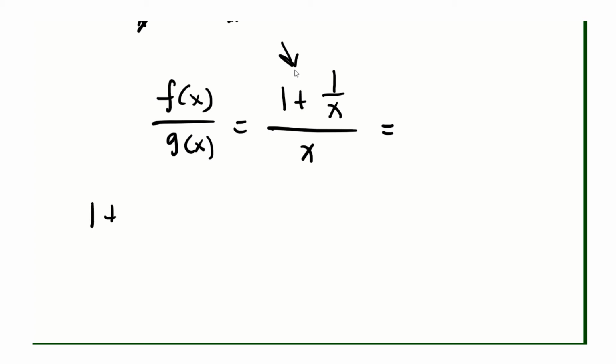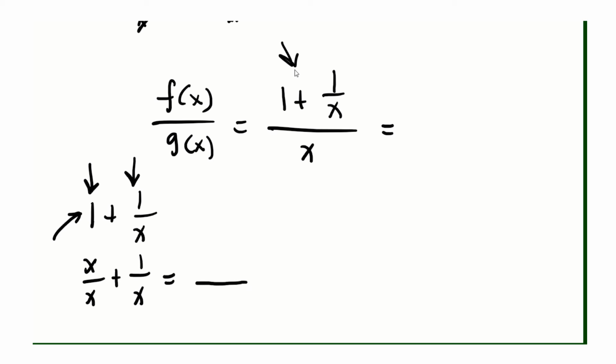So working with that, 1 plus 1 over x, this could be easy if you think of 1 as x over x. Something divided by itself is equal to 1. So x over x plus 1 over x. Make sure you know your addition of fractions.